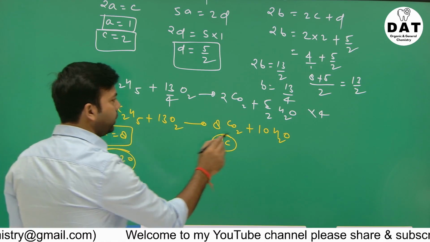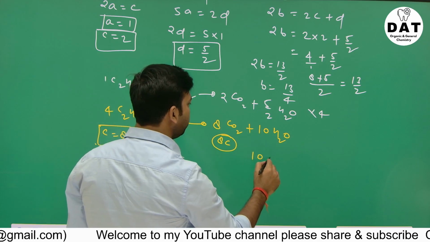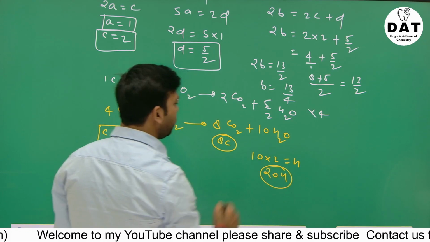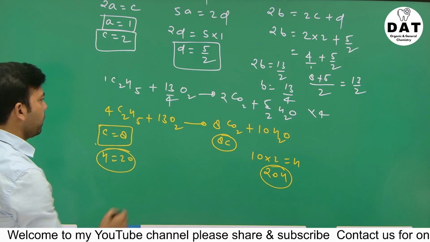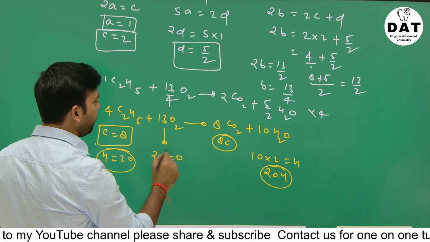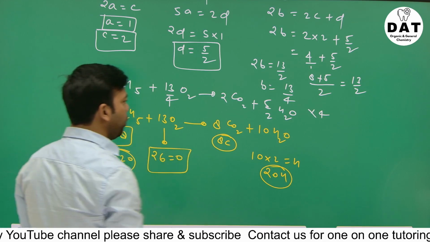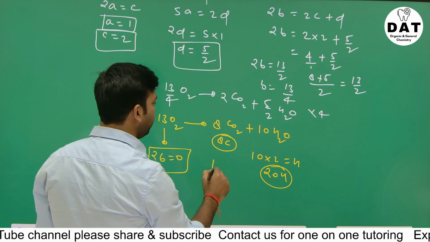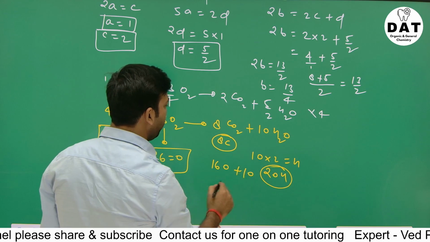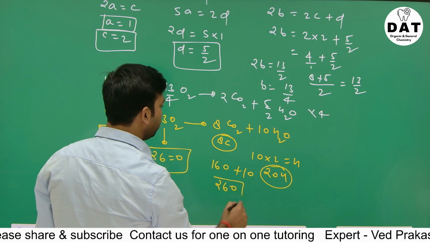Look at hydrogen here. 2 into 10. 20. So 20H. Look at the oxygen. So 13 into 2. 26. And how much here? 2 into 8. 16 oxygen here plus 10. So overall 26 oxygen. Makes sense?